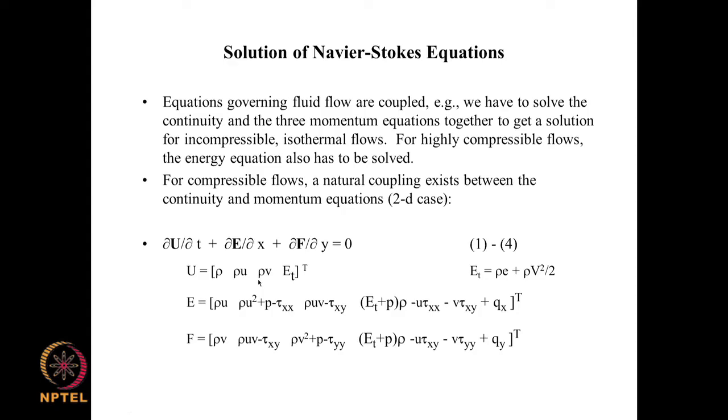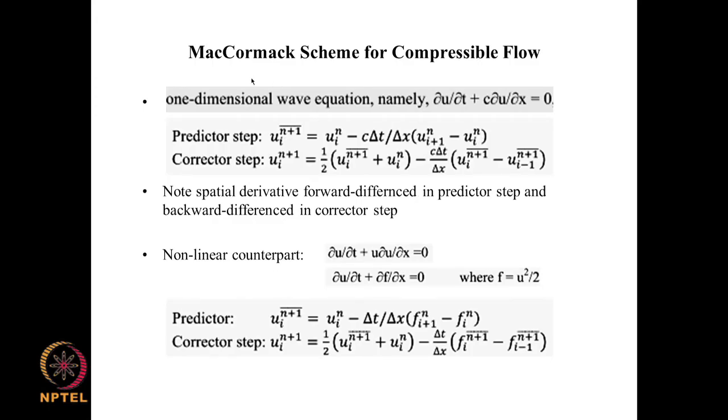Now, one method that we will look at to start with is the McCormack explicit method, and let us first see what this method is for a simple case. For example, for the one dimensional wave equation, you can write it as ∂u/∂t plus c times ∂u/∂x equal to 0. We are quite familiar with this.